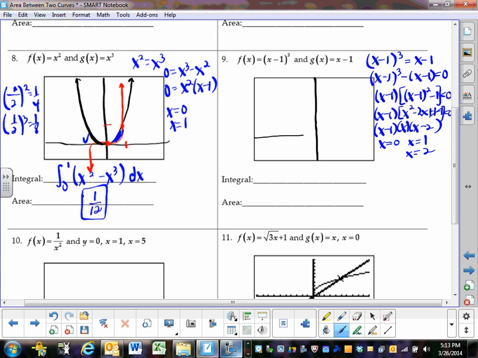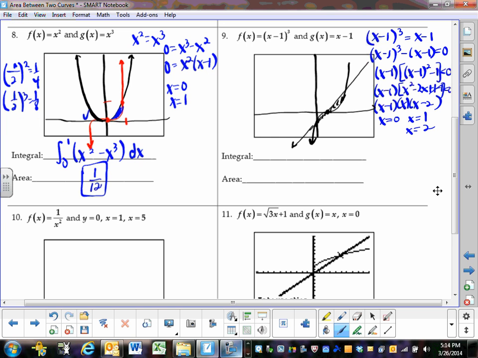So if I were to graph this, x minus 1 is going to pass here. That's my sketch. X minus 1 cubed is then going to have to hit here. So for the first portion, between 0 and 1, the cube is on top.